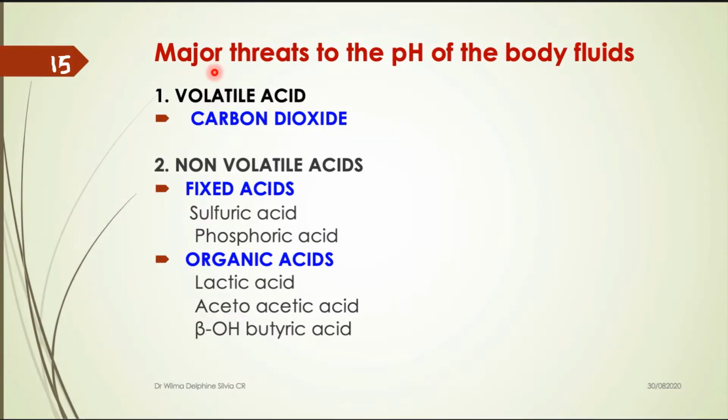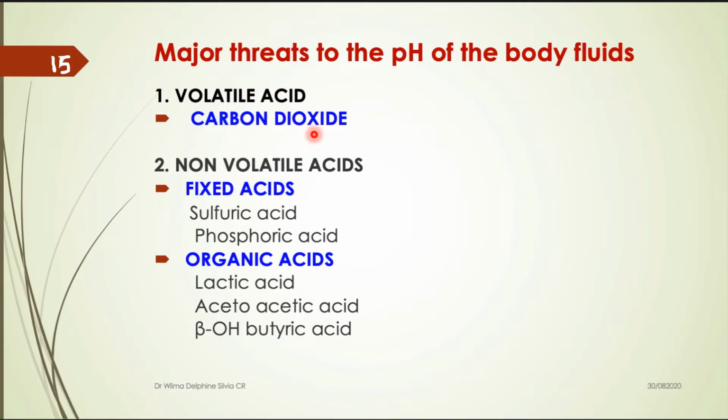After knowing about the basic terminologies which are required to understand acid-base balance, let us know what are the major threats to the pH of the body fluids. The major threats to the pH of the body fluids are acids which are formed in the metabolic processes. The metabolic acids can be conveniently divided into volatile acid and non-volatile acids.